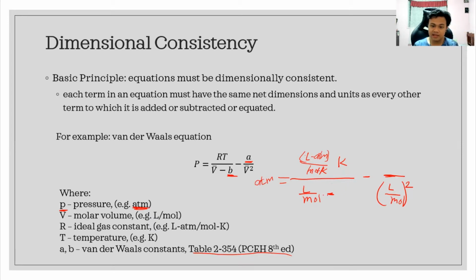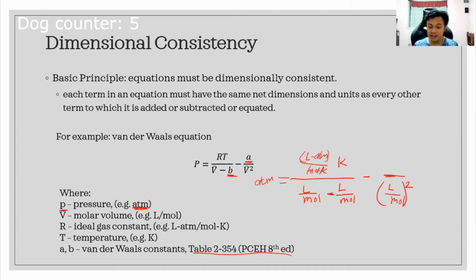From the right-hand side of our equation, we see that b is being subtracted from the V. That means they must have the same units for them to be subtracted. So we know now that b has the same units as V bar.